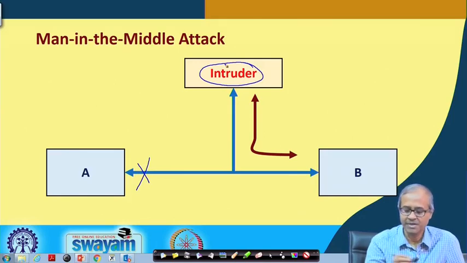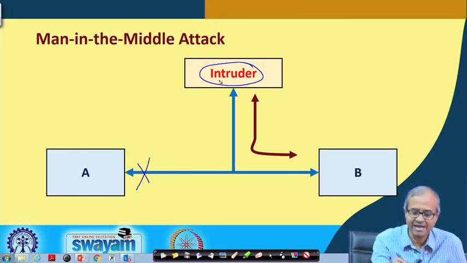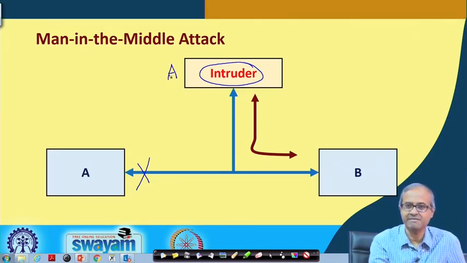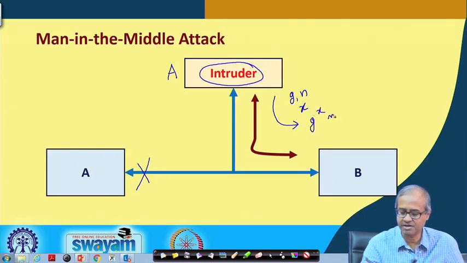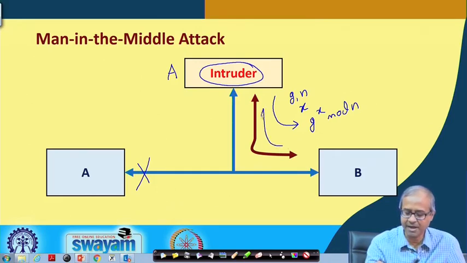What will the intruder do? The intruder will act as if it is A. It will send a packet to B with the initial values of g and n, but these are all fabrication attacks, and then it will choose a number x and send the value of g to the power x mod n to B. B will in good faith assume that this is A, and will send its value back to A, but the intruder will also capture that same packet.